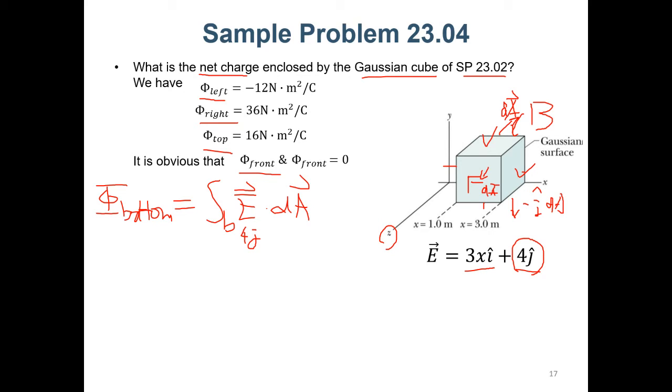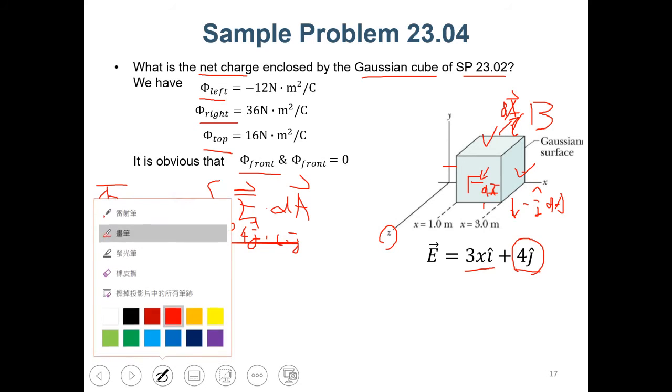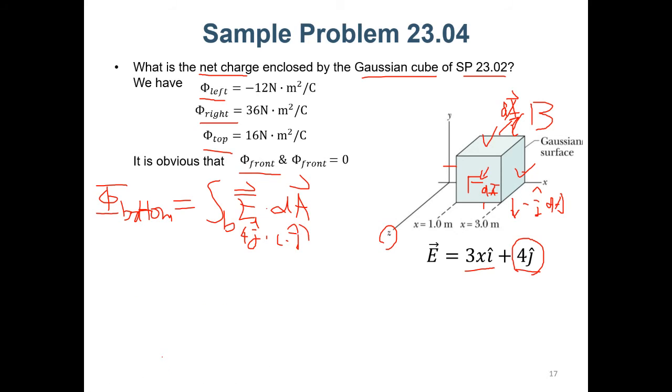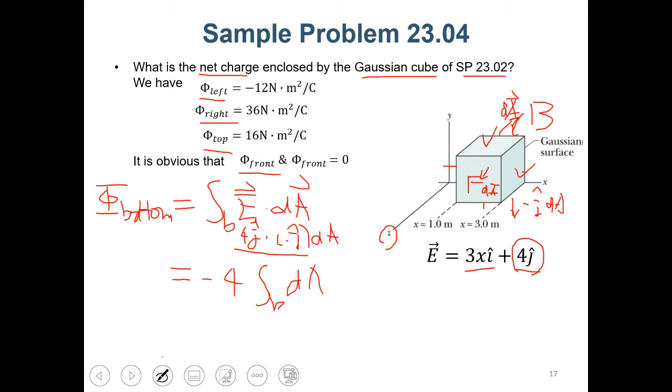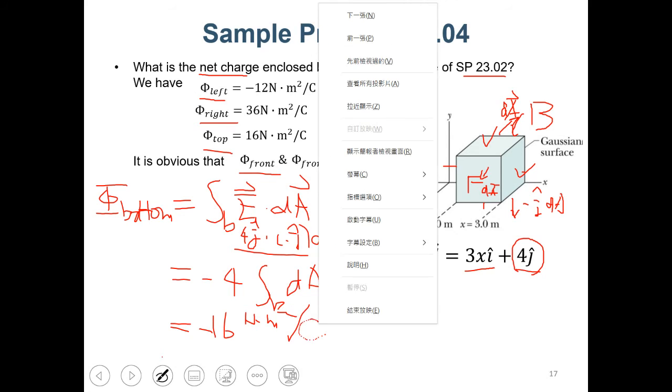So we have 4j hat dot negative j hat dA, which will be negative 4. And integrate dA, and A is actually 2 times 2 for this cube. So it is actually minus 16 Newton meter squared per Coulomb.